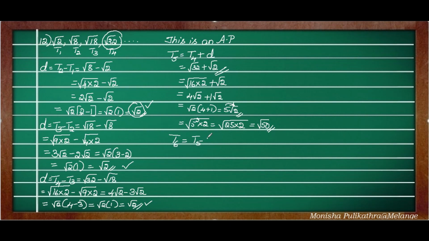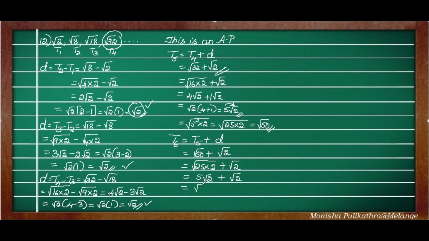T6 is equal to T5 plus D, previous term plus D. Again you need to write the T5 term is root 50 plus D is root 2. So again split it. So 50 will become 25 times 2, right? Plus root 2. So when we take out this, it will become 5 root 2 plus root 2.